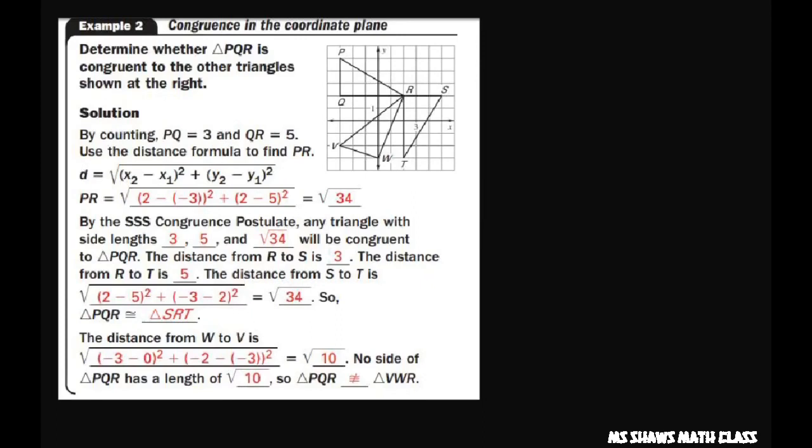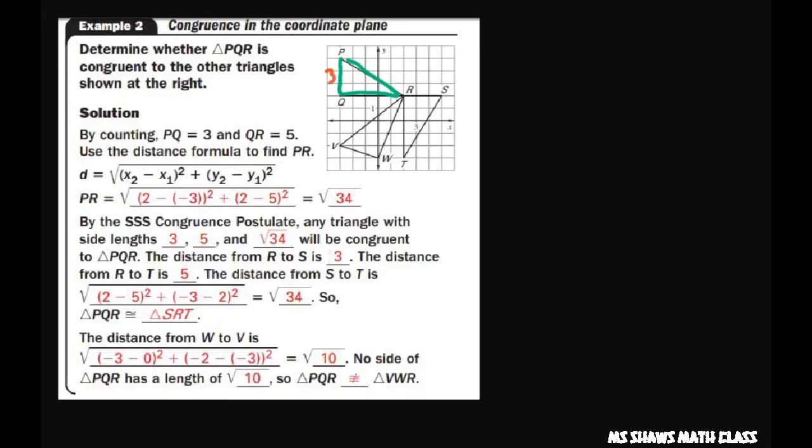Now this is what we're going to have to do in class. We want to know if our triangle PQR is congruent to the other triangles. So you can kind of count.